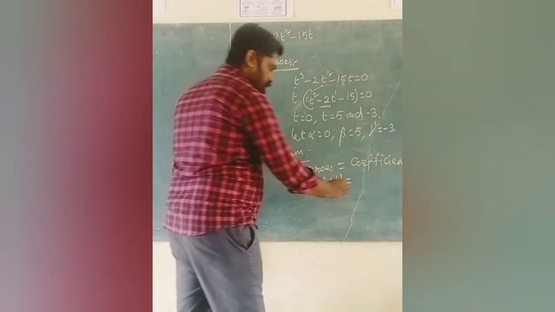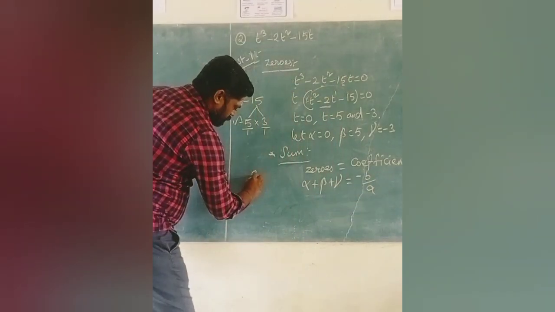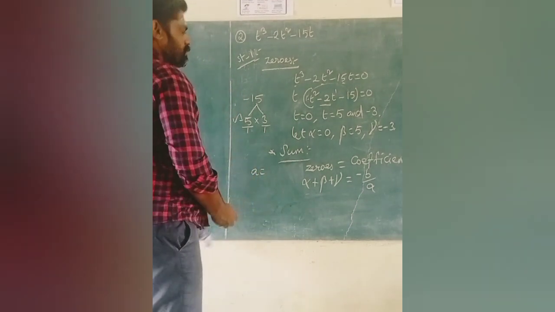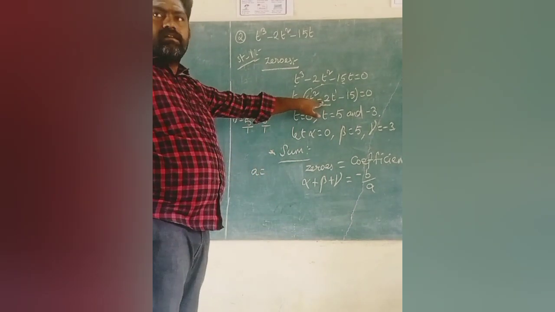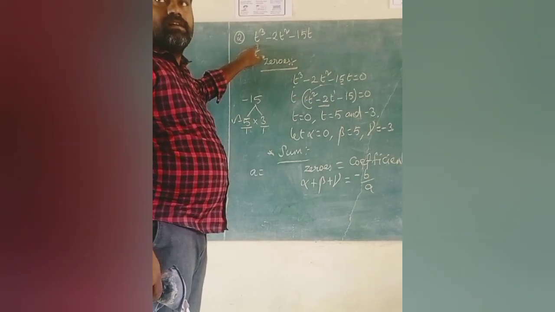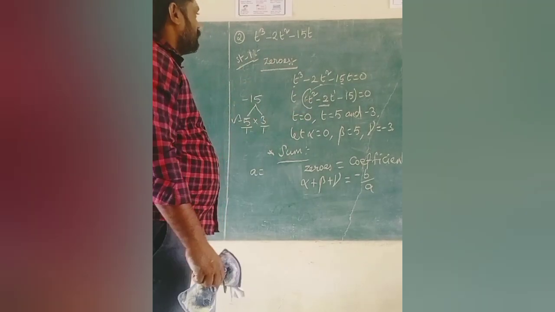Minus b by a. So we need to write what is the value of a, what is the value of b. Understood or not? So you must use it here. What is that?